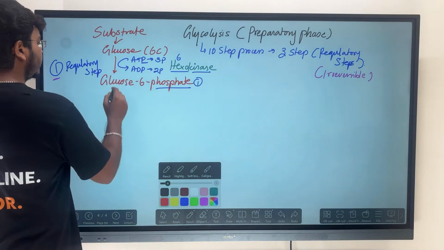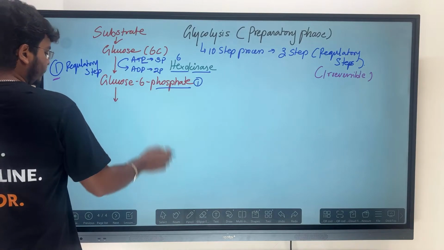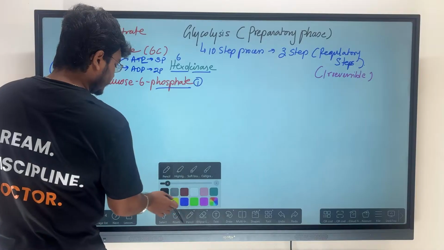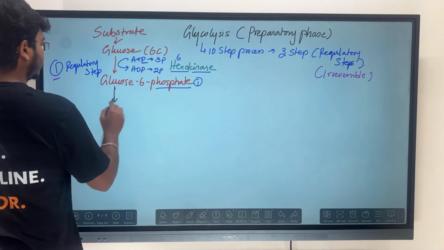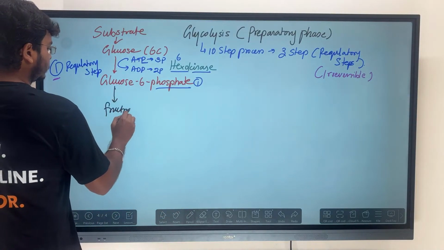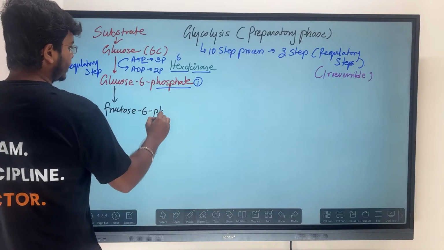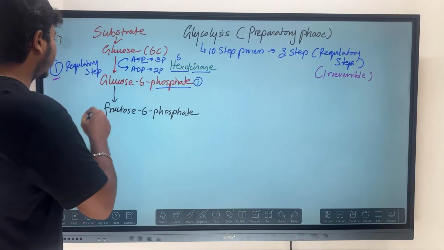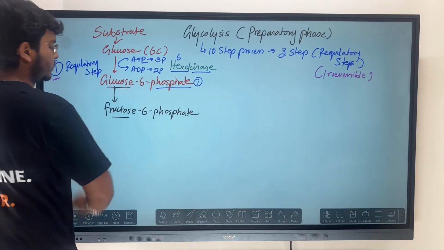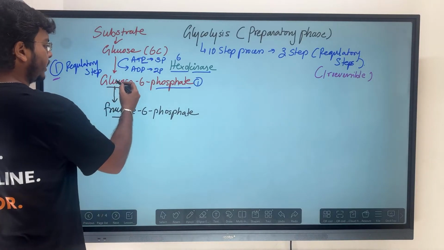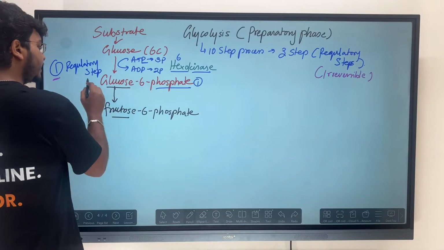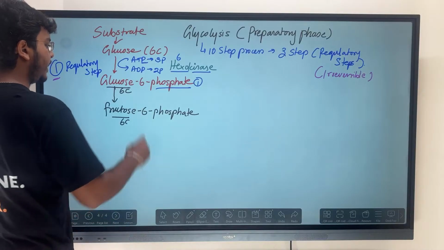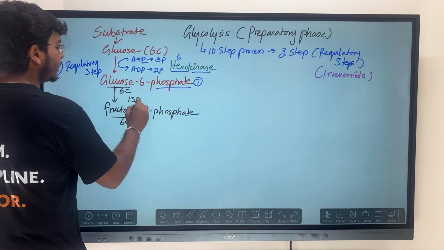And this glucose 6 phosphate gets converted into fructose 6 phosphate. What is this? Glucose and fructose, right? Both these sugars are 6 carbon compounds.